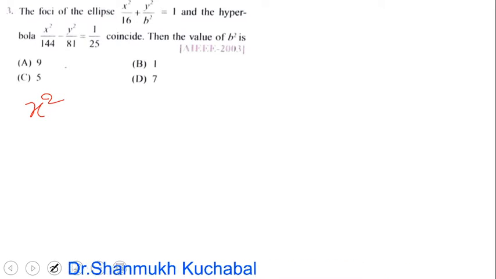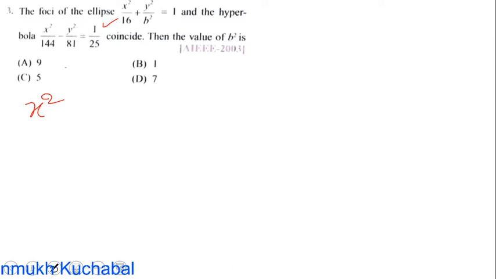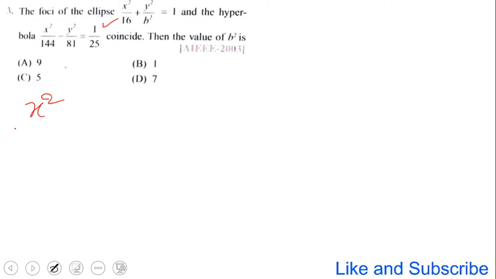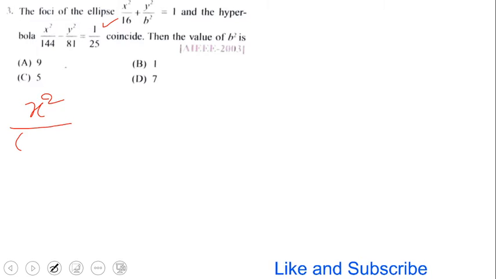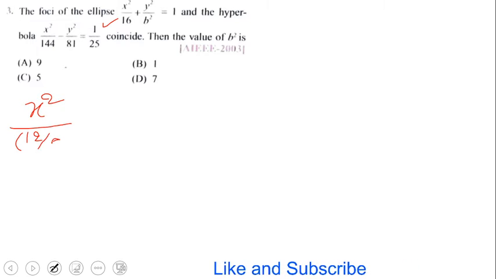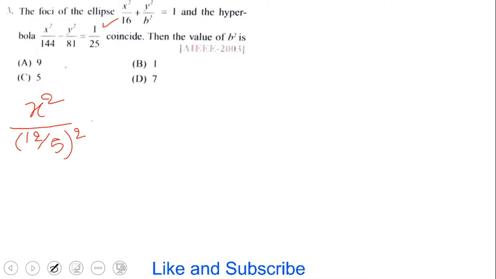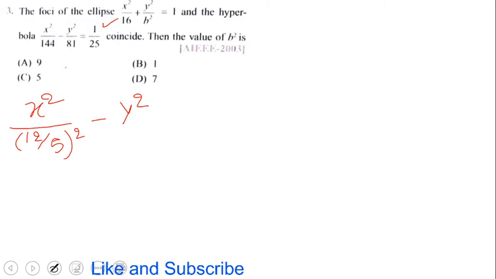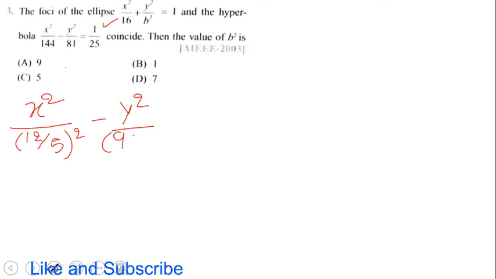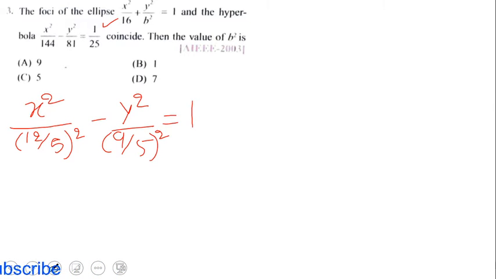Here the RHS is 25, you can see here. We'll make it 1 here. So we multiply the entire expression by 25, and that 25 we take into the denominator. So we get x square by (12 divided by 5) whole square minus y square by (9 divided by 5) whole square equal to 1 here.